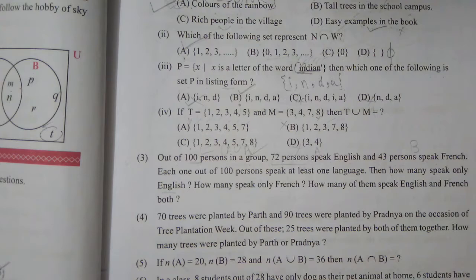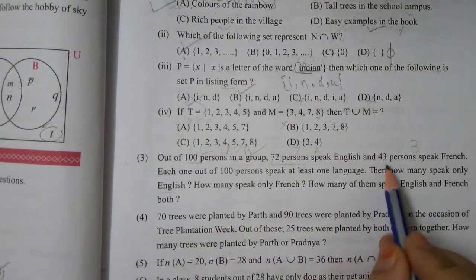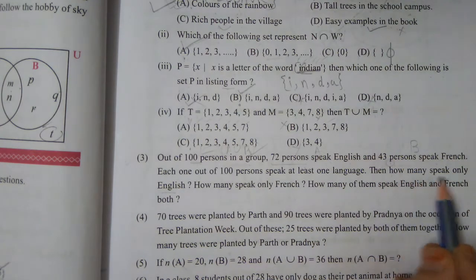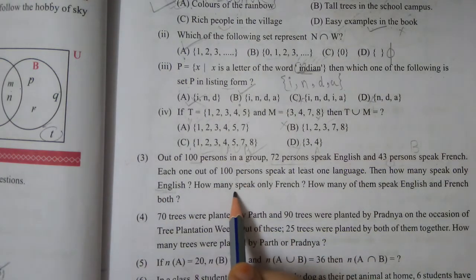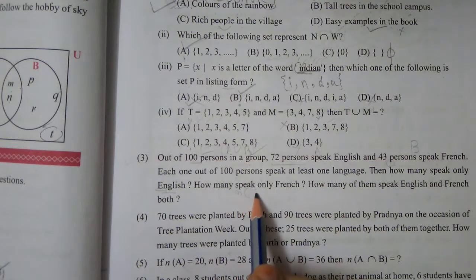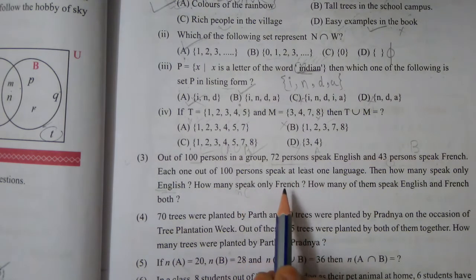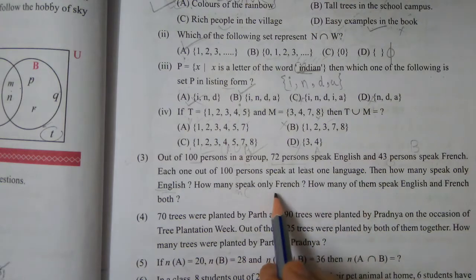Then first we have to find out how many speak only English, and second we will find the number of elements in set B, that is how many of the persons speak only French.